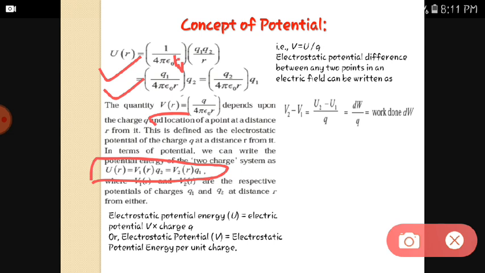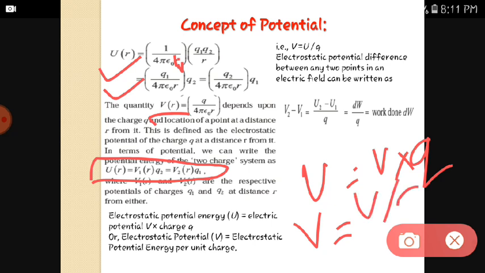Now, as we have said, the potential energy is nothing but electric potential into charge, right? U is nothing but potential into charge. So we can write V is nothing but U divided by Q here.